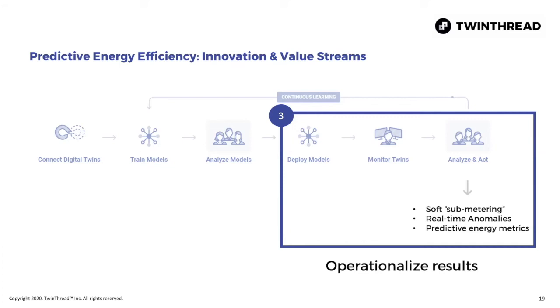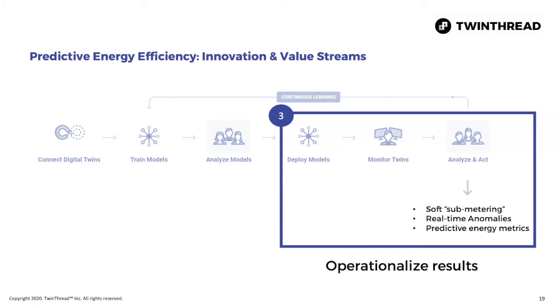One of the outcomes of deploying models to your digital twins is that you can get software-based sub-metering. Without having to install a physical meter, we can use the predictive model to predict that sub-equipment consumption, and being able to use that in further analytics is often key.